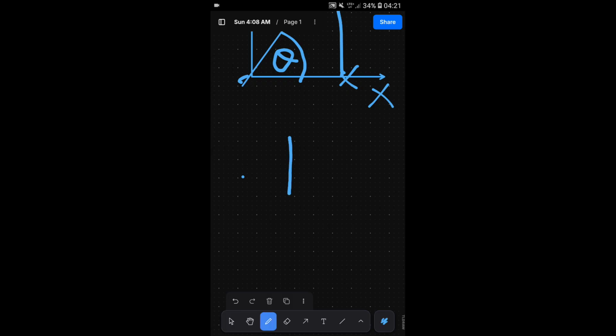This is its vertical component and this is its horizontal component. So this is the force F.